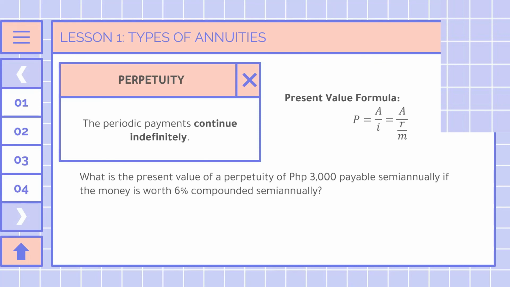Then for the sample problem, it is stated, what is the present value of a perpetuity of 3,000 payable semi-annually if the money is worth 6% compounded semi-annually?